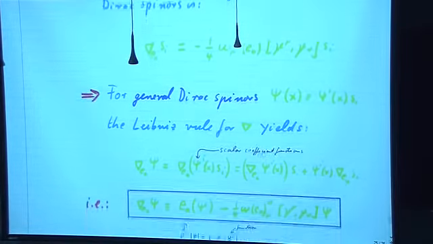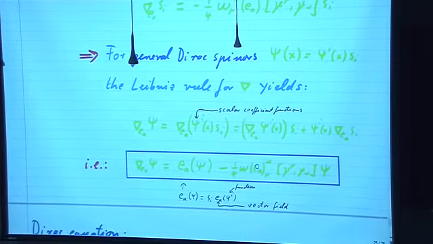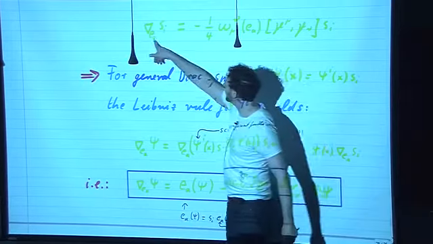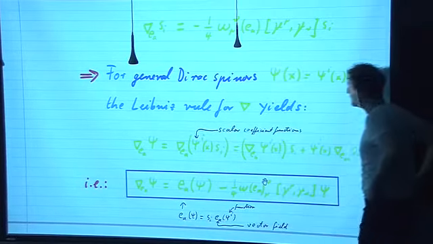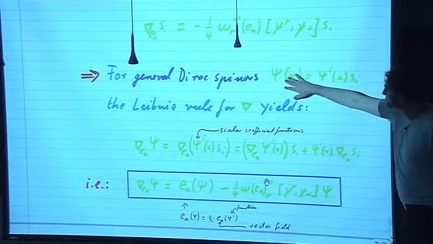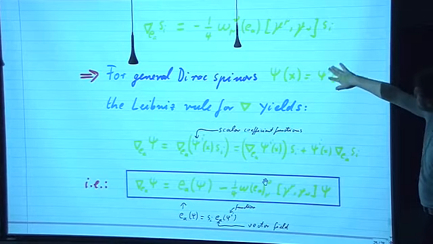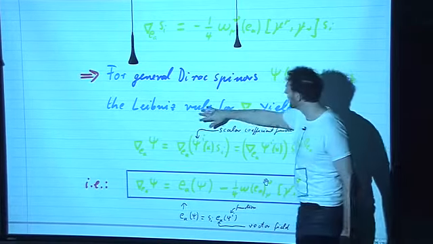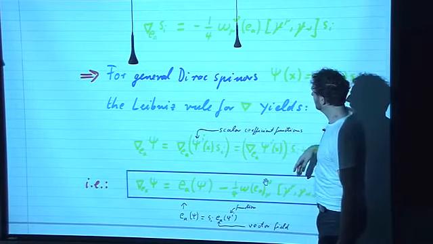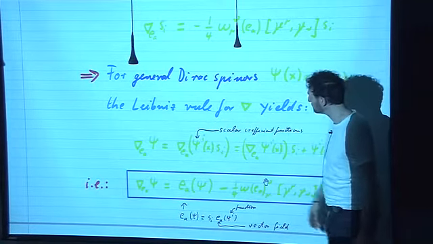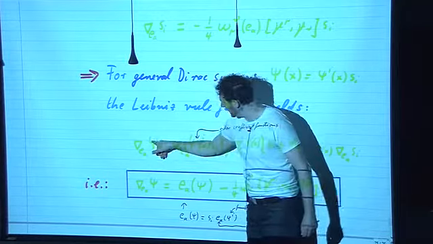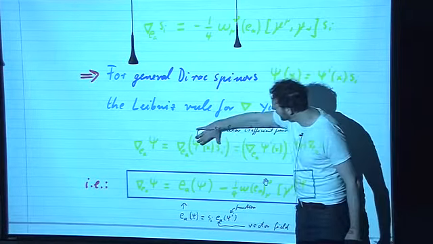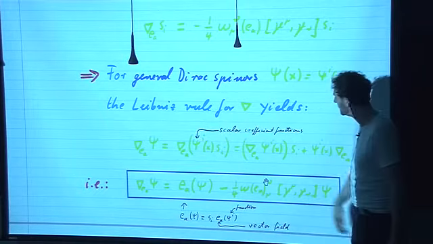All right. Okay, so for general Dirac spinors, this is how the covariant derivative acts on a basis vector in the space of spinors. A general spinor is a position-dependent linear combination of the basis spinors, and then we can apply the Leibniz rule for the affine connection to obtain that the affine connection acting on an arbitrary spinor is given by the affine connection acting on the product of the coefficient functions times the basis spinors.